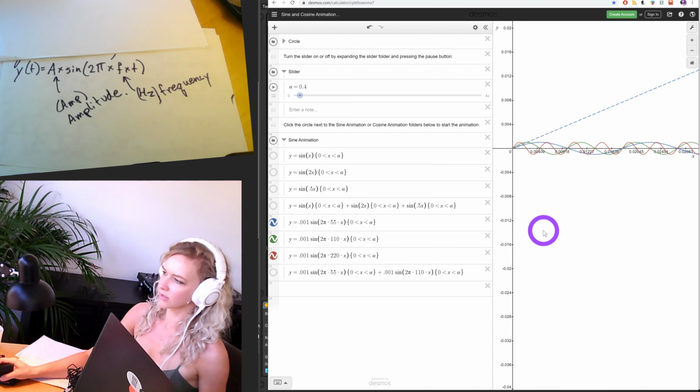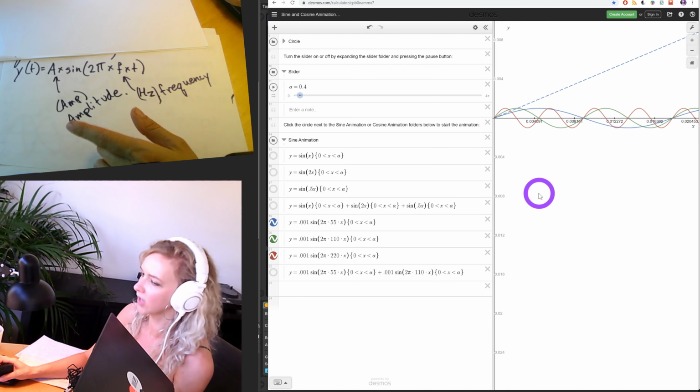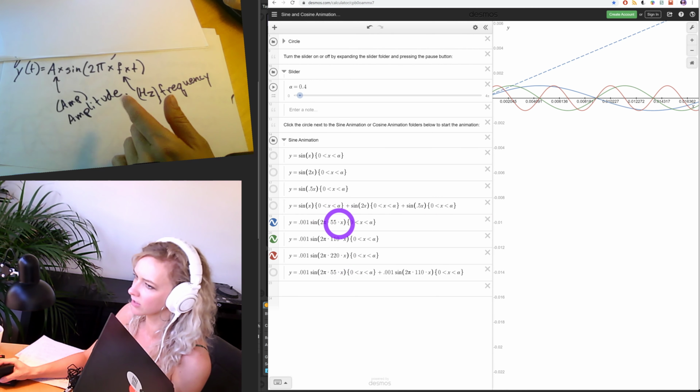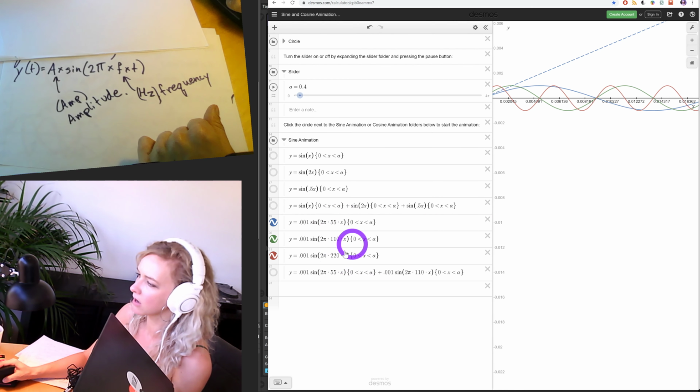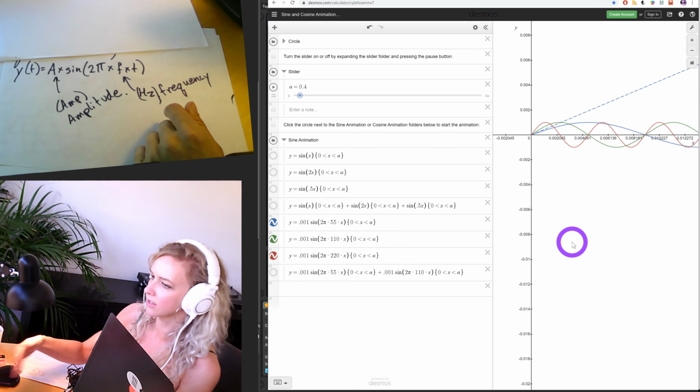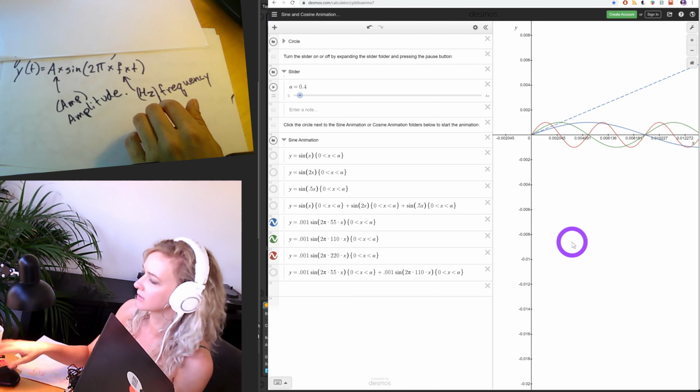Okay, so the 220 hertz is twice as fast as that. So it's 4 times as fast as that 55 hertz, and it's one octave up again. So this is just showing you what an A note is doing at one octave up, twice.